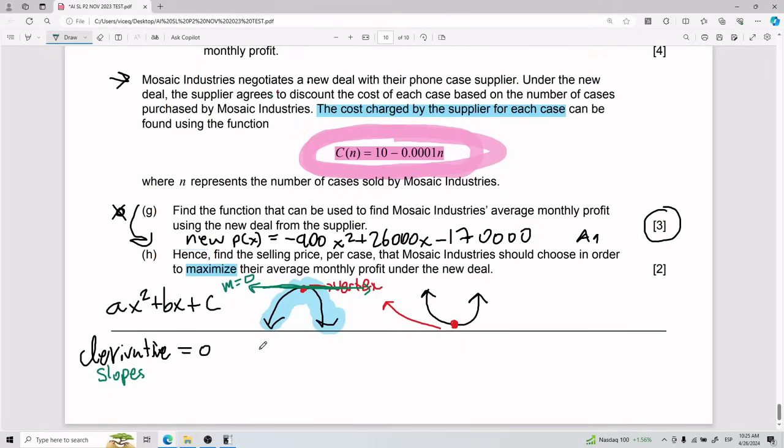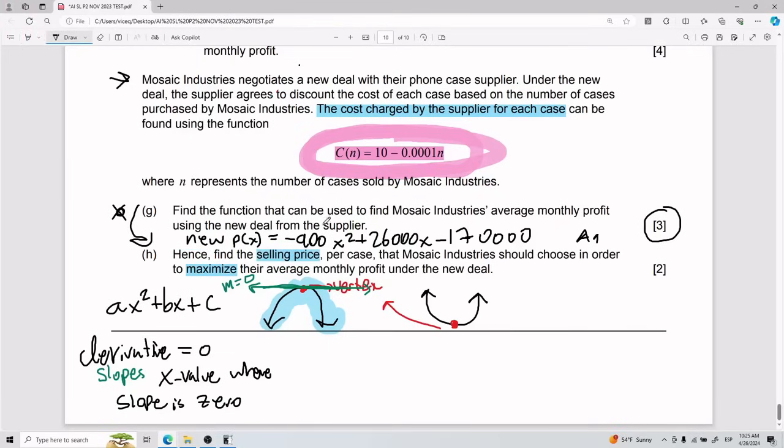Doing the derivative equal to 0 helps you find the x value where your slope is 0. And that can help you find the amount of cases sold, and through that you find the selling price. So that's one choice, just doing the derivative.